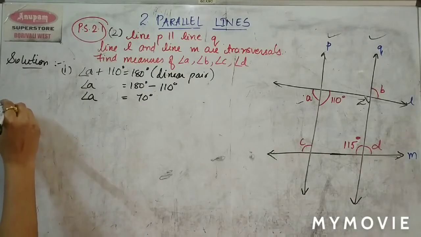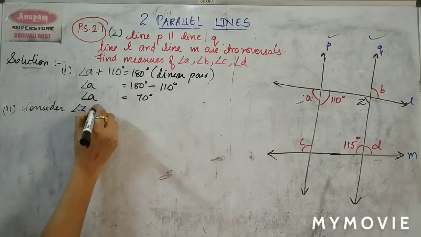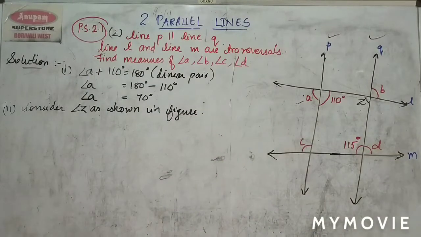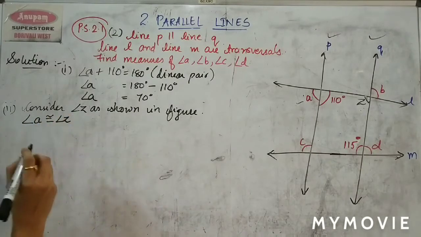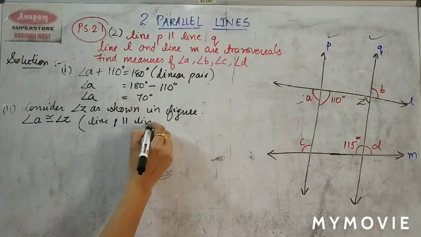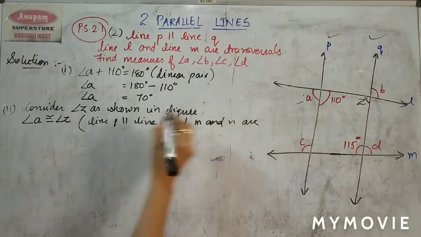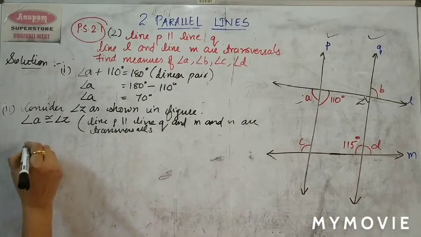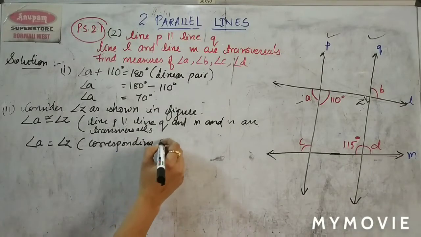So I'll just solve the second part here. So we'll say, consider angle Z as shown in figure, and then we say that angle A is congruent to angle Z. The reason will be that line P is parallel to line Q and M and N are transversals, and therefore these two angles are the corresponding angles.